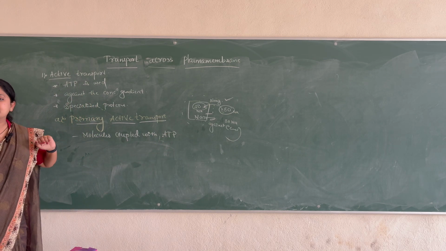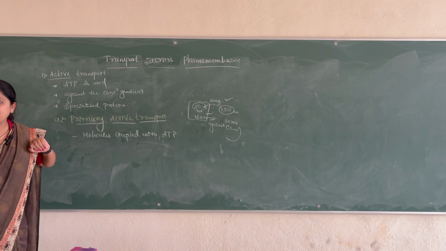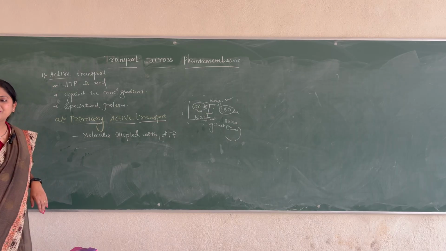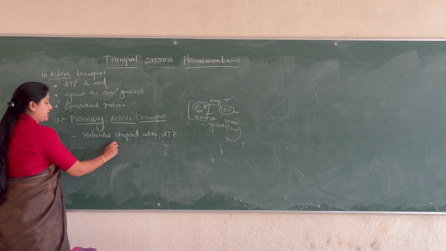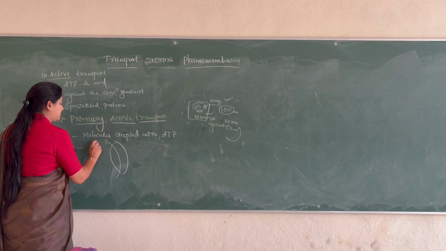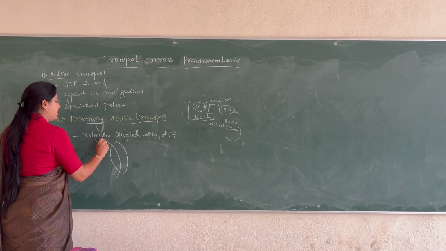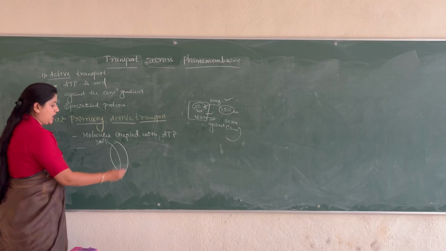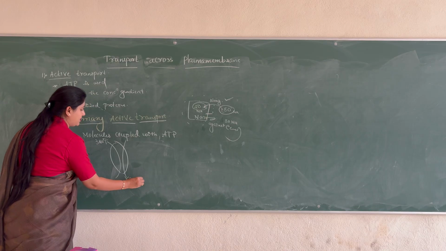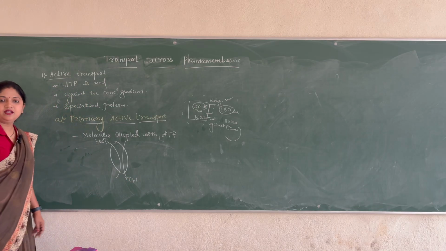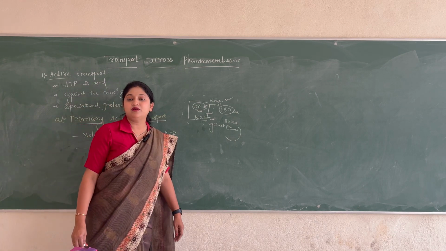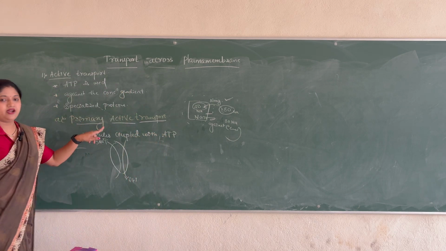So we often study the sodium potassium pump. In the sodium potassium pump, 3 sodiums will be pumped out and 2 potassiums will be pumped inside. We take this as a standard example for the primary active transport.